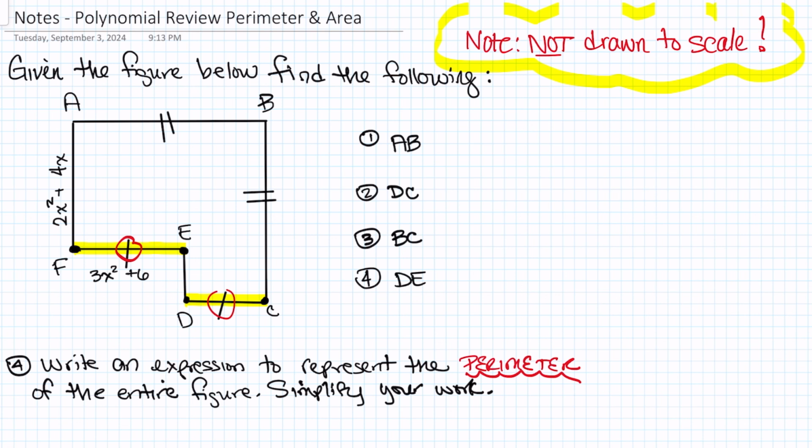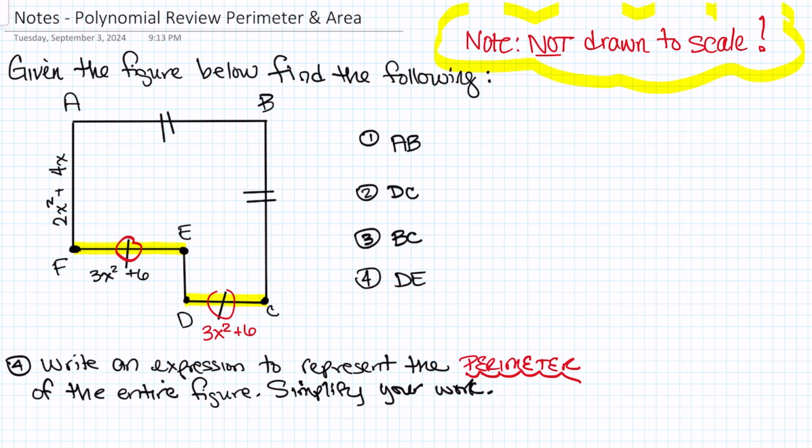But because it has this one tick mark in both of those places, I know that these line segments must be the same length. So I'm going to go ahead and mark up my figure, and I strongly suggest that you write right on the diagram if you can, or sketch it out on your paper if everything's online, because it's so much easier to work with if you're marking up your actual diagram.